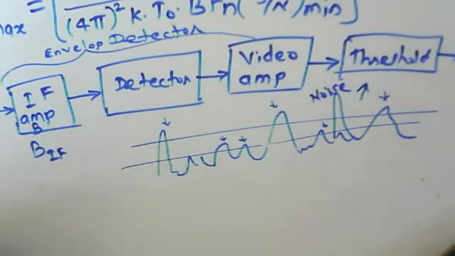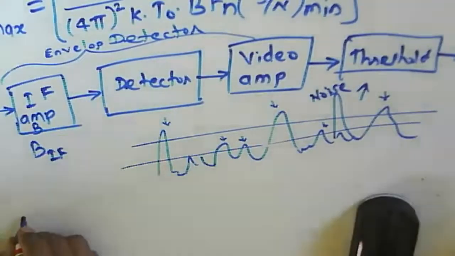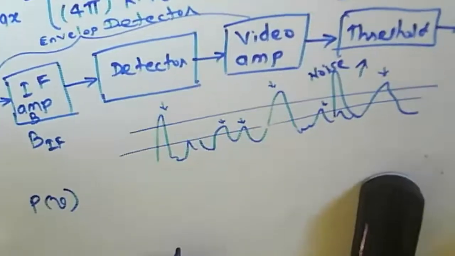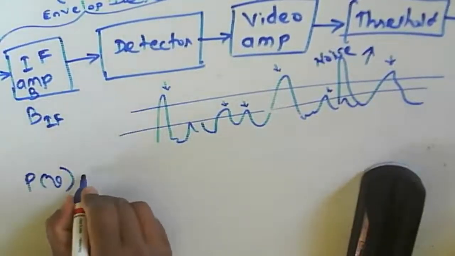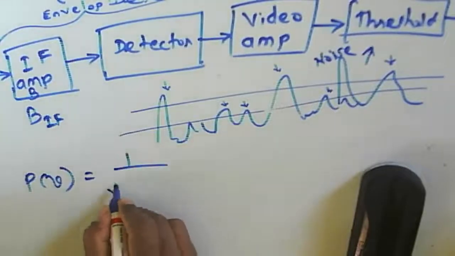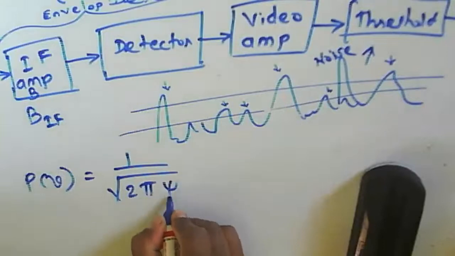Then we need to find the probability of what the noise voltage will be, received by this IF filter. The probability of a noise voltage is equal to 1 by the square root of 2 pi. I will explain one by one each term there.